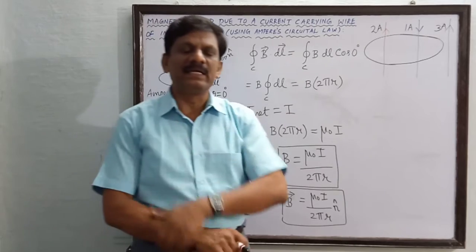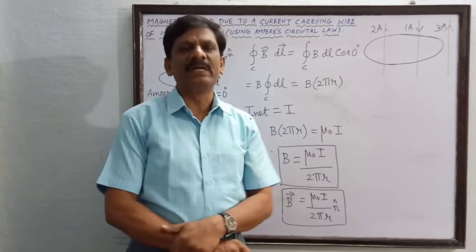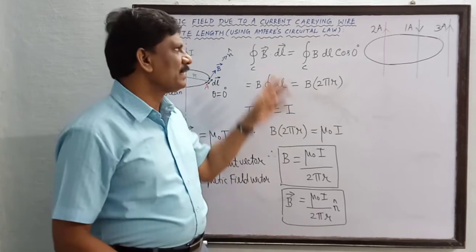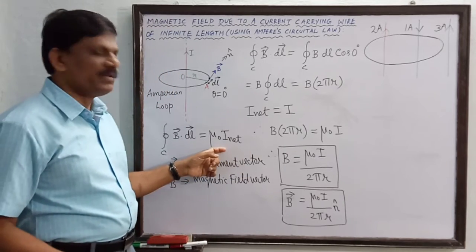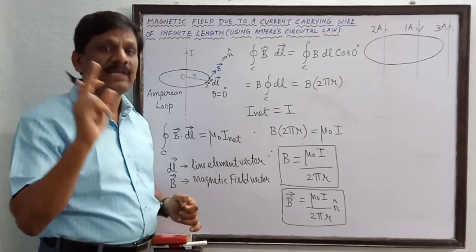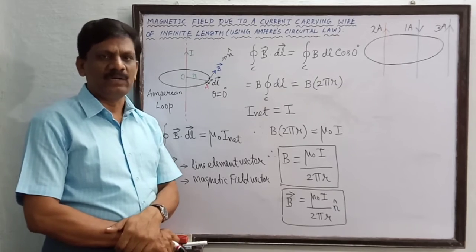But out of the 3, how many are placed inside the Ampere loop is important for us. Because in Ampere's circuital law, the right hand side of this equation is mu naught times the net current enclosed by the Ampere loop. So, what is the net current inside the loop? We have to find out.